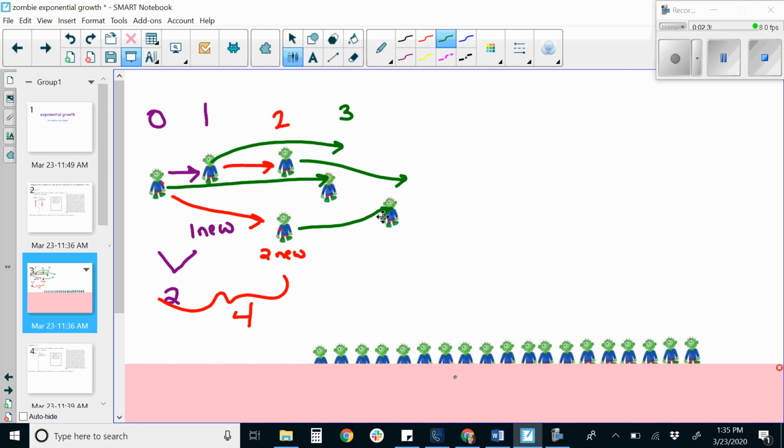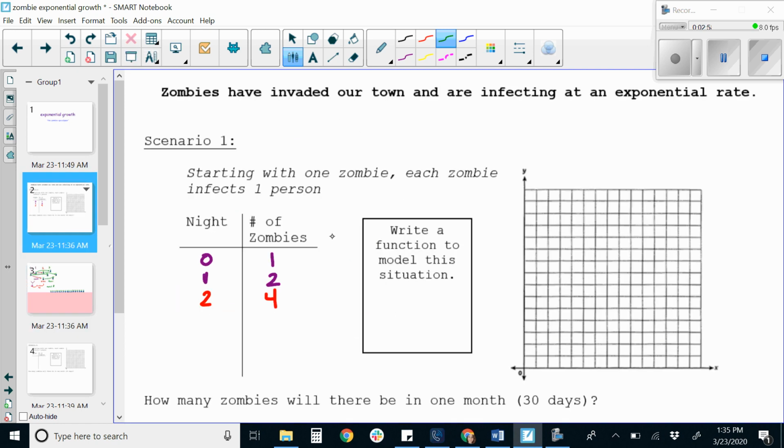So now we have 4 new zombies, but we have a total. We had 4. We have 4 more, so now we have 8. Night 3, 8.